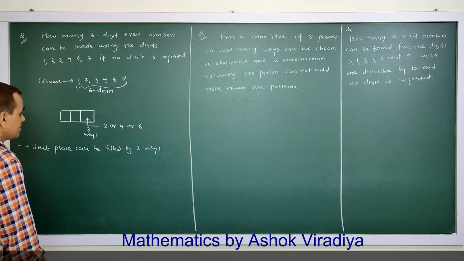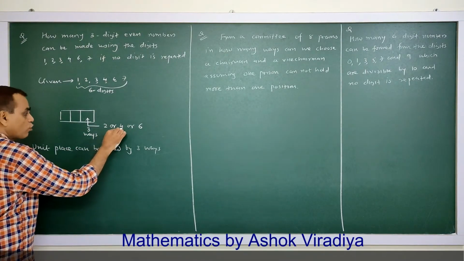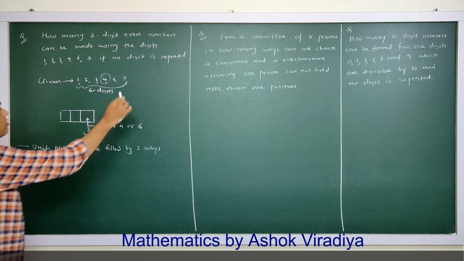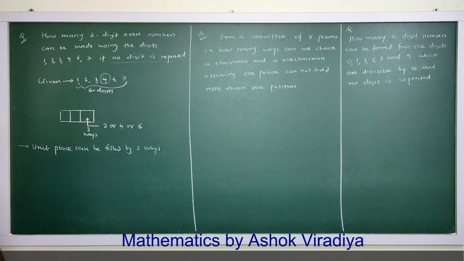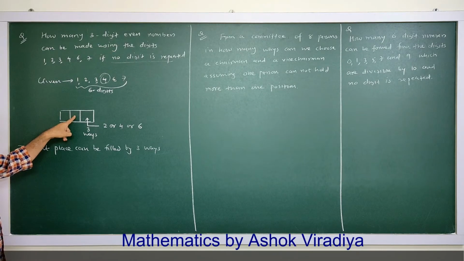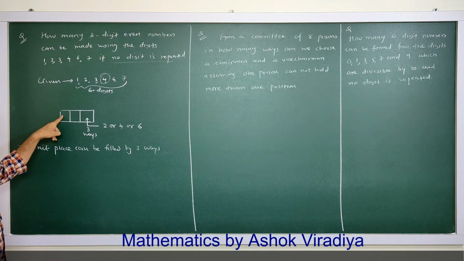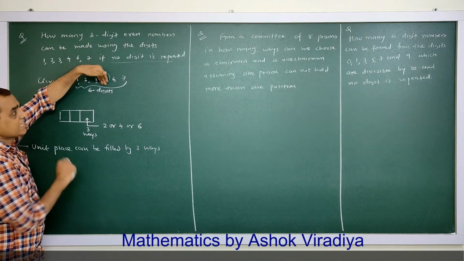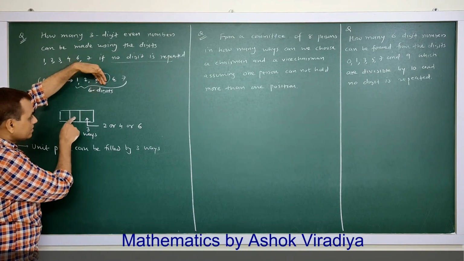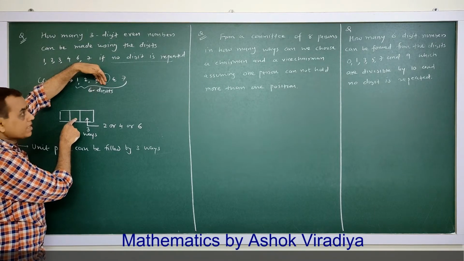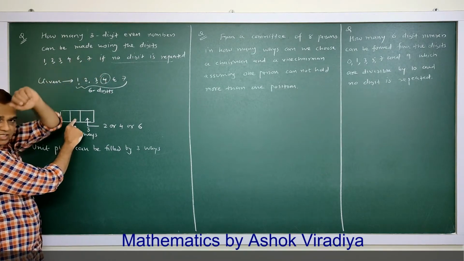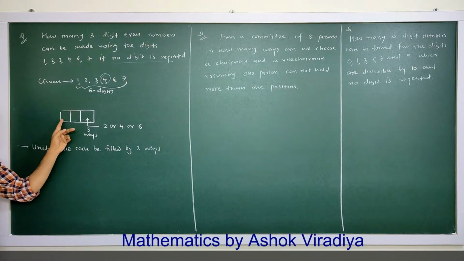Suppose that you have selected 4. Suppose 4 is taken here. Now, no repetition is allowed, so 4 should not be repeated in the 10s place or 100s place. So now, except 4, these places can be filled by 5 ways, then the next by 4 ways.